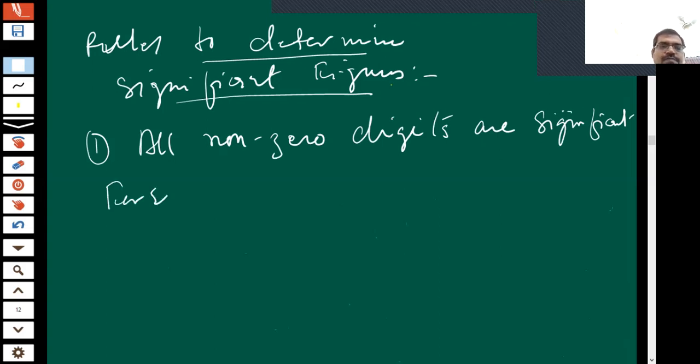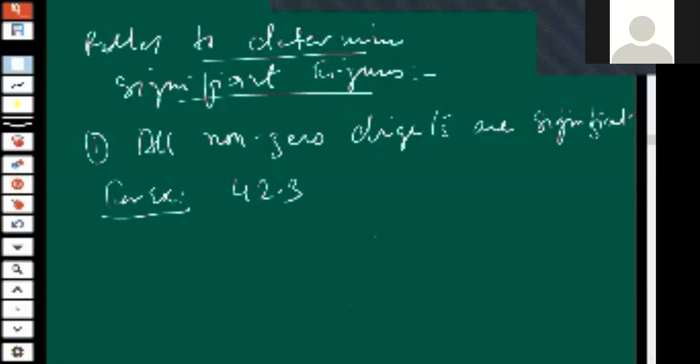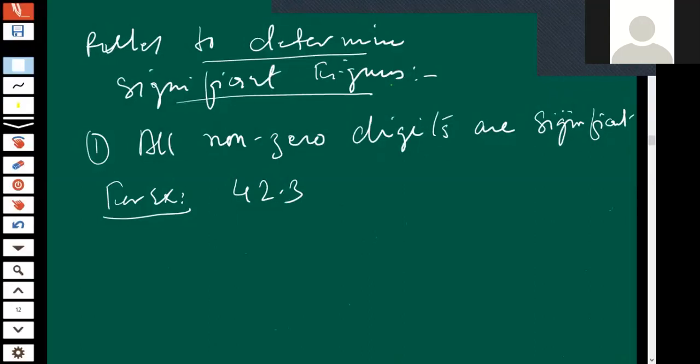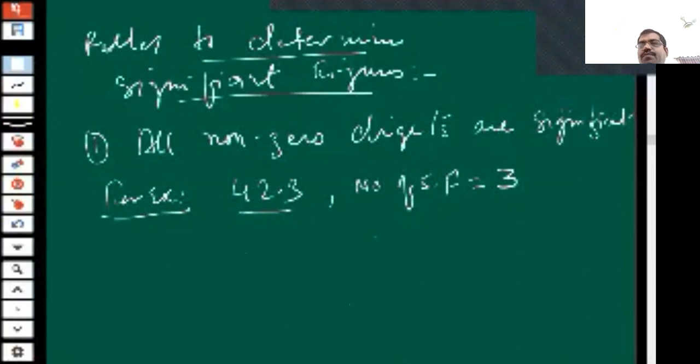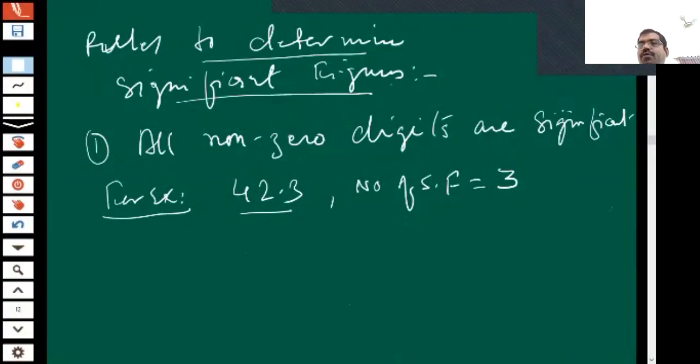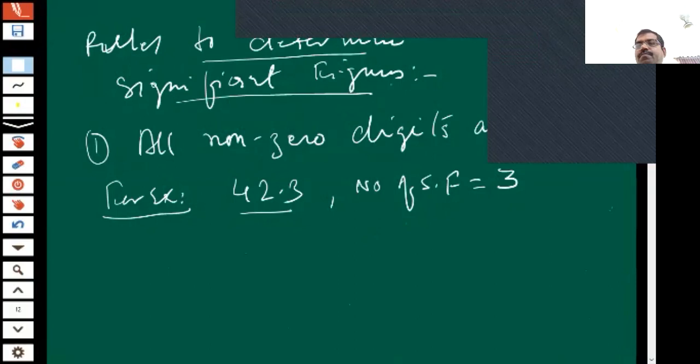For example, 4.23. So these all are non-zero digits. So if somebody asks number of significant figures, so just simply say that total number of significant figures is 3. I hope you are getting clarity. Okay.